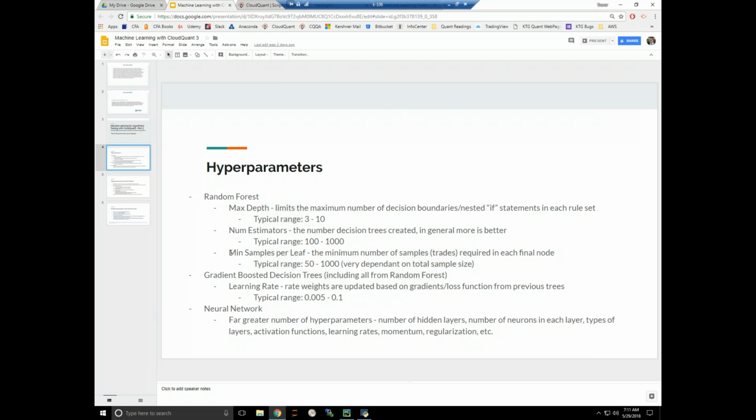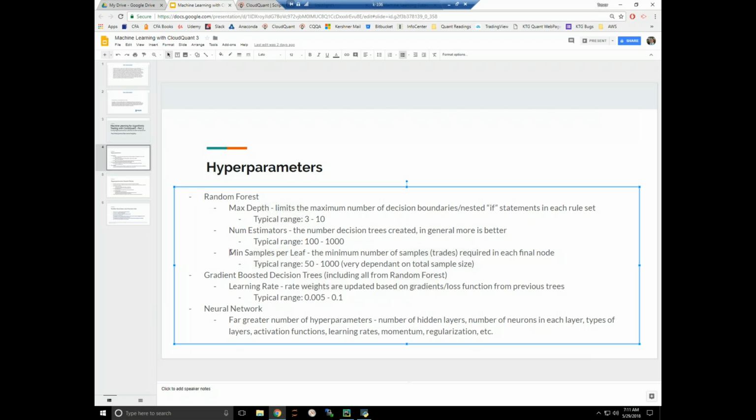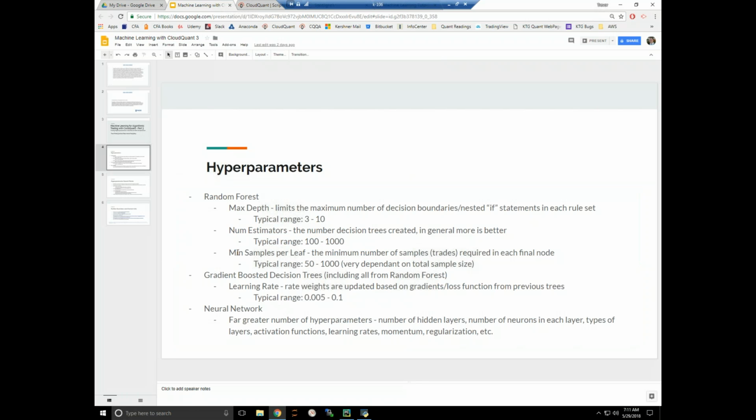And then the third one, which is again just preventing the complexity of the model and constricting how overfit the model could be, is minimum samples per leaf. So if we think about starting out with maybe 1 million trades, and that is the data that we are going to train our machine learning classifier on, and say we don't set the maximum depth parameter, which random forest defaults to none, which means it will go as deep as it possibly can until it hits one of these other minimum samples per leaf or another hyperparameter constraint.